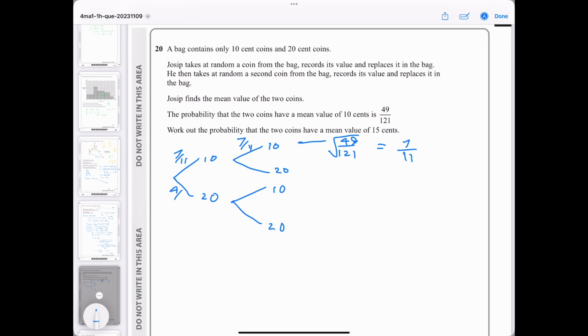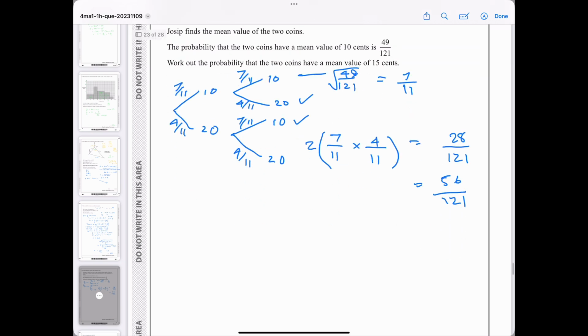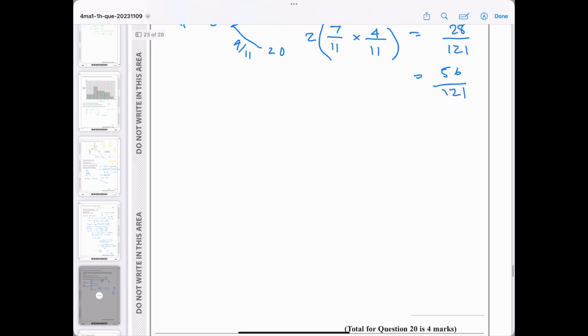So that's 7 over 11, and that's 4 over 11, because they have to add up to 1. The mean value of 15 cents is this one and this one. So it's 7 over 11 times 4 over 11 times 2, which is 56 over 121. And that did look a lot worse than it actually was.